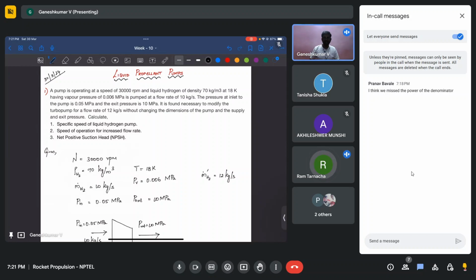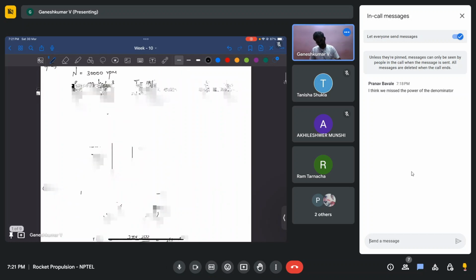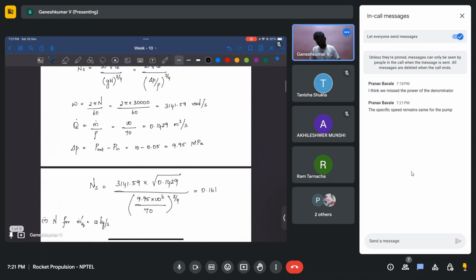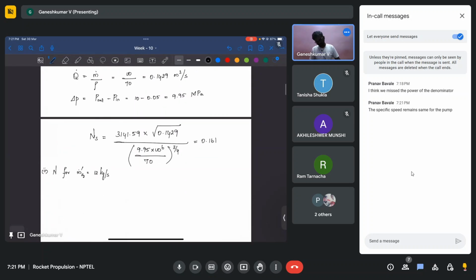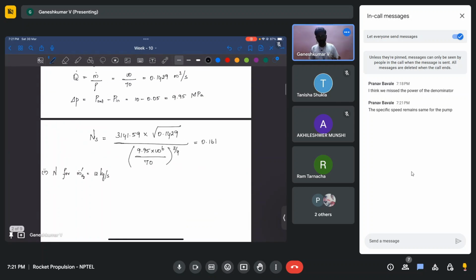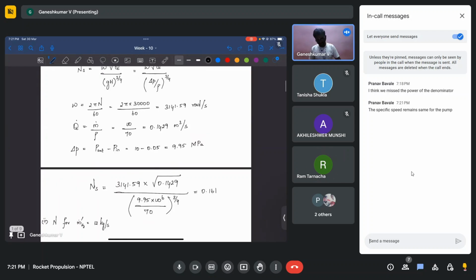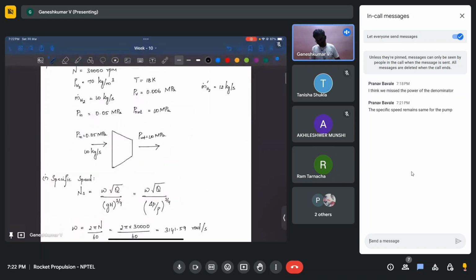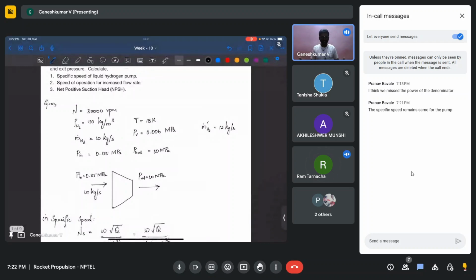So whatever is given was for 10 kg per second. Now the flow rate has increased to 12 kg per second. If it is increased, then what is it? So now we are trying to find the speed for the increased flow rate. Okay, if you guys don't want to answer specific speed, tell me how to solve this second question at least. Both are actually interlinked.